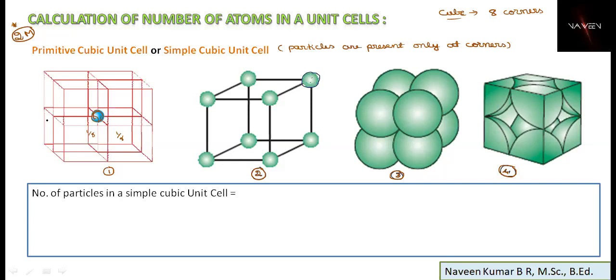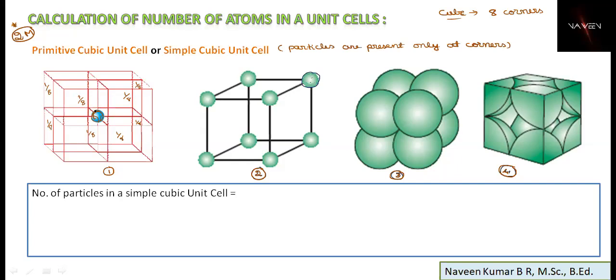The unit cell behind will have 1 by 8, and the one behind will have 1 by 8, and the front side here will have 1 by 8 part. So like that each particle is equally shared by 8 unit cells.